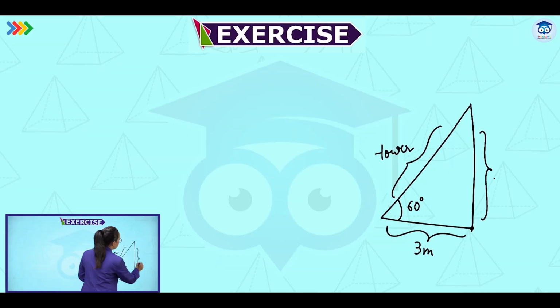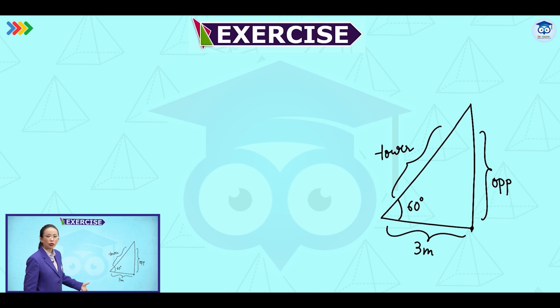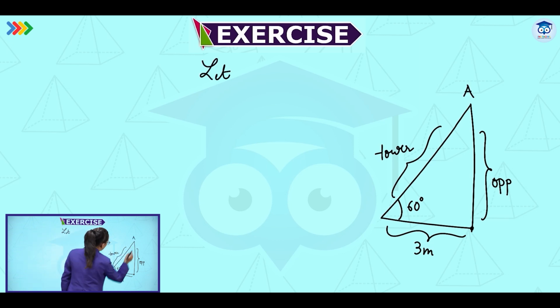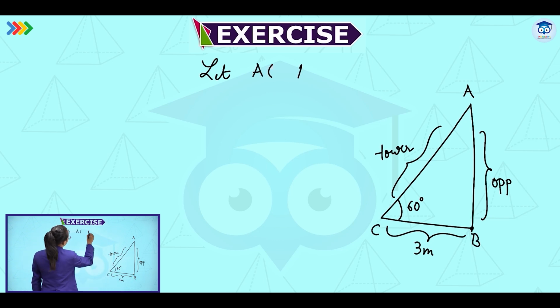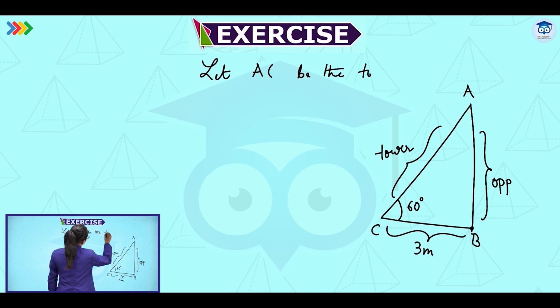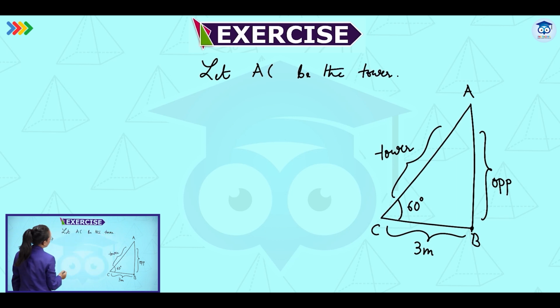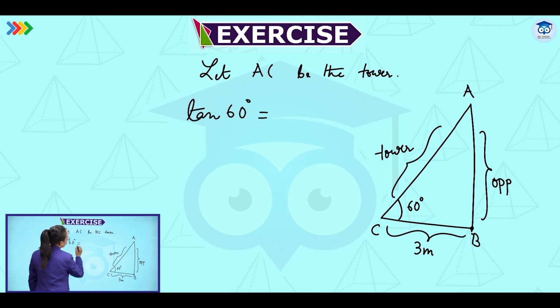So what we are going to do, this is the opposite of what we are considering right now. So we are going to use the same pairing again, right? This is A, B and C. Let AC be the tower, okay? And then we have tan 60 degrees is equal to opposite upon base 3, right?